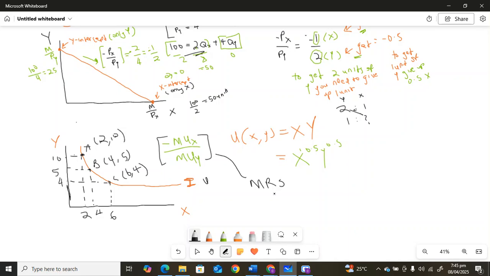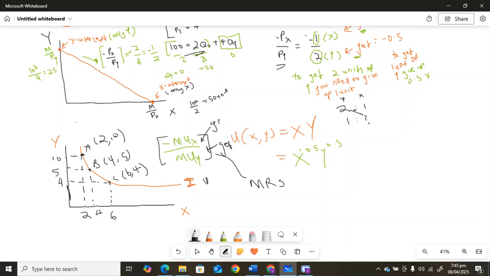It's telling us almost the same thing as the slope of the budget line: how many units of X you need to give up to get Y. Remember, with the slope, what we're getting is in the denominator, and what we're giving up is in the numerator.